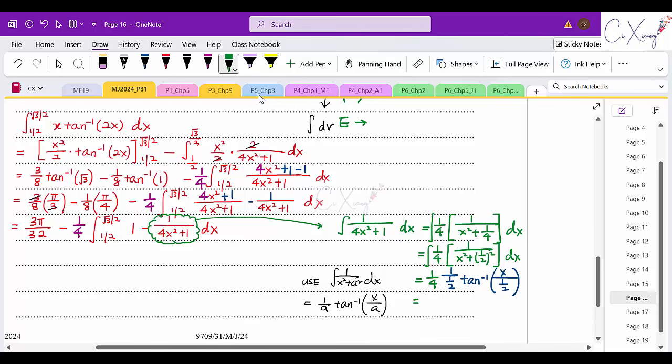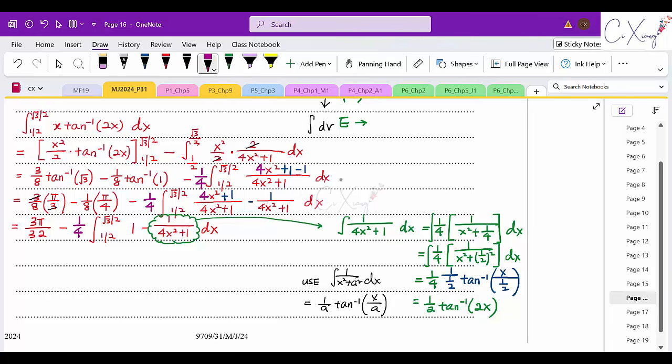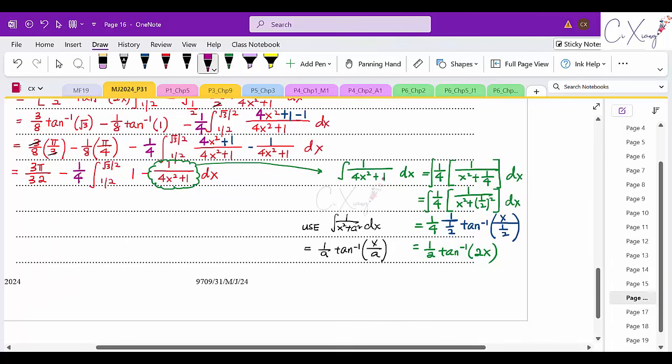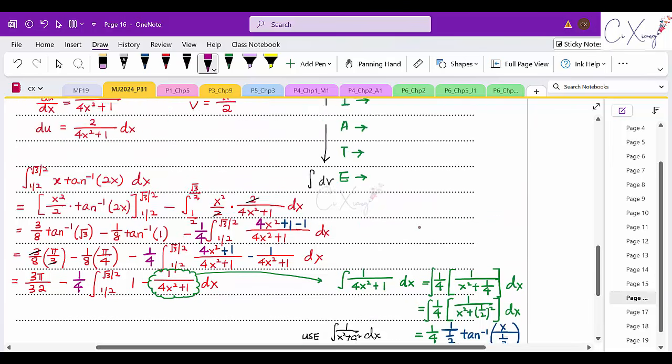So you're having 2 over 4, which is half. Then tangent inverse x over half, you'll get 2x. So this is the first technique. When you integrate 1 over 4x squared plus 1, use the formula provided in the formula booklet, then you get this answer. Okay, then the second option is using the result from the previous part.